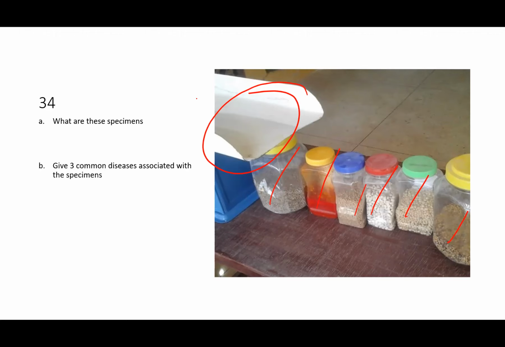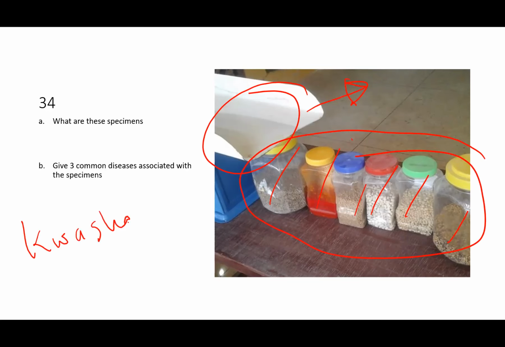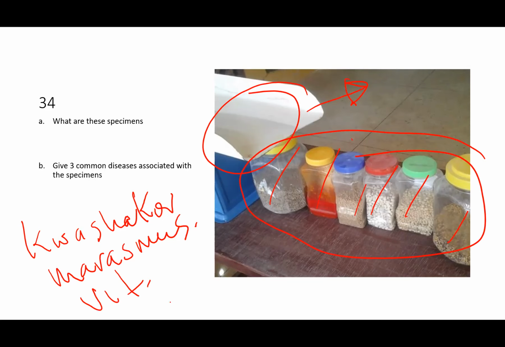This can be very confusing, but if somebody is not eating, they will have malnutrition and lose weight. So they can have kwashiorkor, marasmus, vitamin deficiencies, as we mentioned, and iron deficiency.